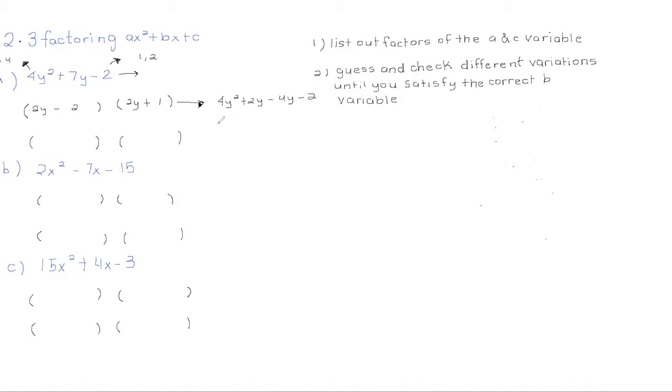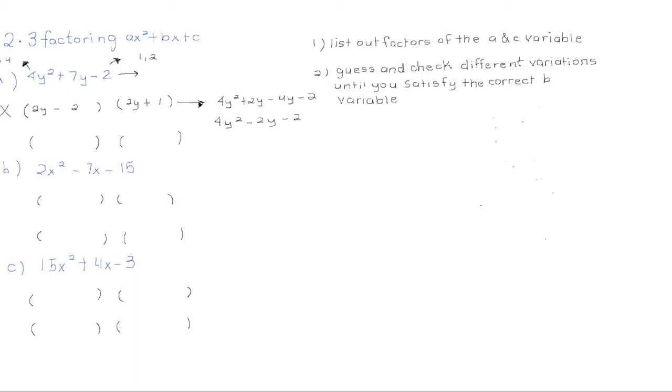And if we were to condense this into a more simplified equation, we would get 4y squared minus 2y minus 2. And obviously, the b variable does not match the b variable we are given, and thus, this version is incorrect. So we must try our second option.